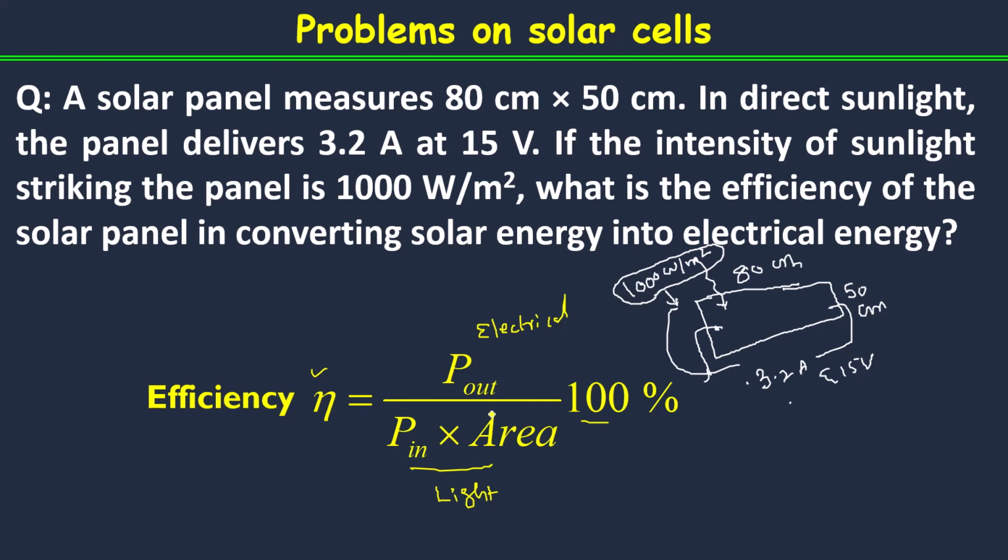This is the formula, right? Efficiency of the solar cell is output power by input power into 100 percent. The output power is electrical and the input power is light, right? So now let us see what the output power and the input power are. Then you take the ratio between them and multiply by 100%. That gives you efficiency. Now let's start.